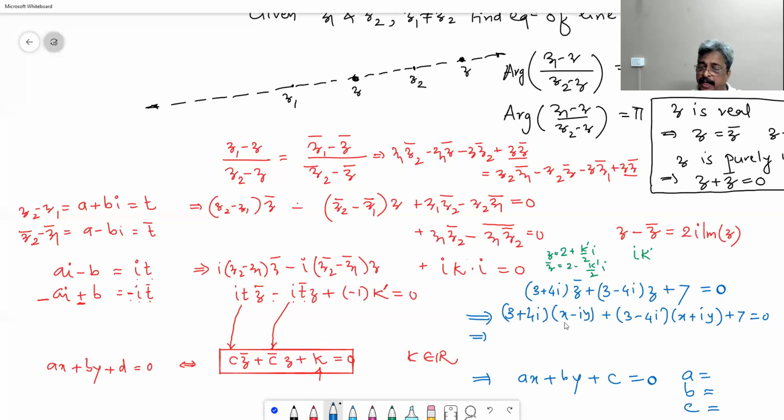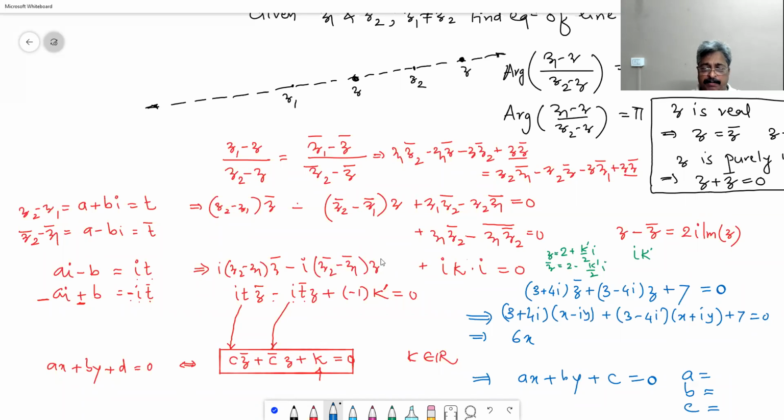Simplifying, we get 3x plus 3x, 6x. Everywhere i will get cancelled. That is the fun part of it. That is what we did here. This algebra is all about non-availability of i, otherwise that i will trouble you, because in two-dimensional geometry equations we don't have imaginary numbers.